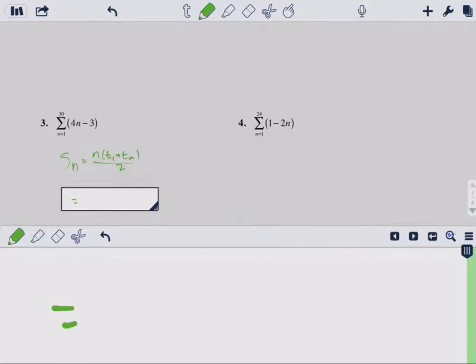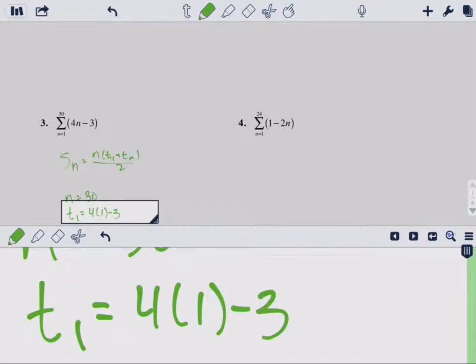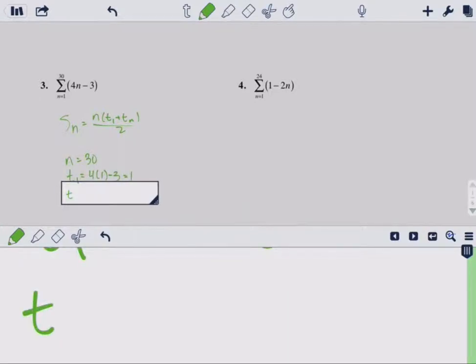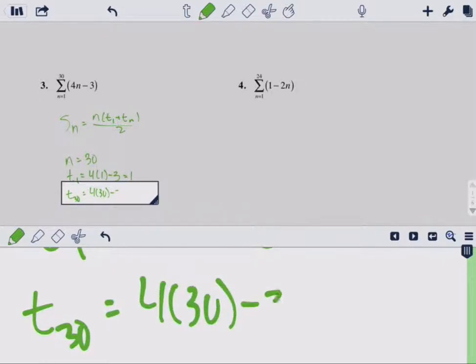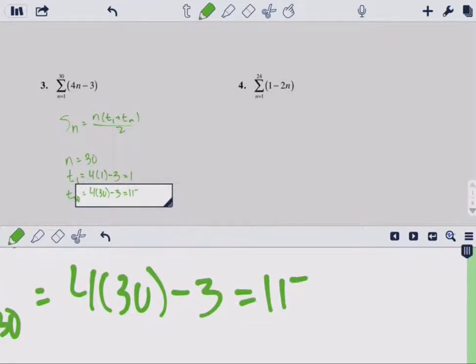Okay, so first term, let's figure out n is equal to 30, because it's 1 to 30. T sub 1 is equal to 4 times 1 minus 3, or 1. And then t sub 30 is equal to 4 times 30 minus 3. And so it's 120 minus 3, or 117.